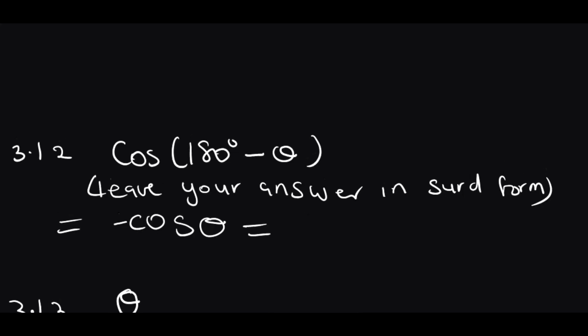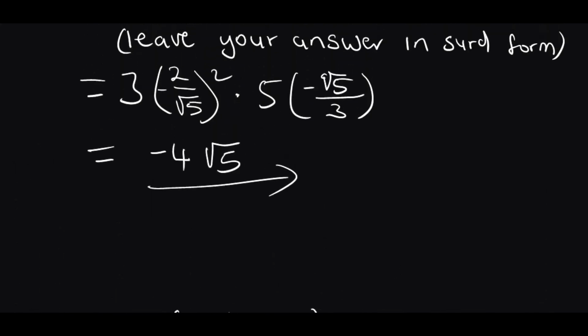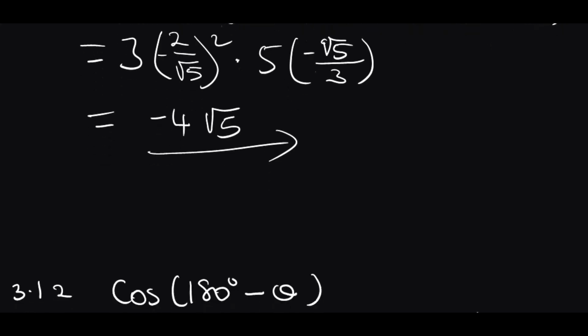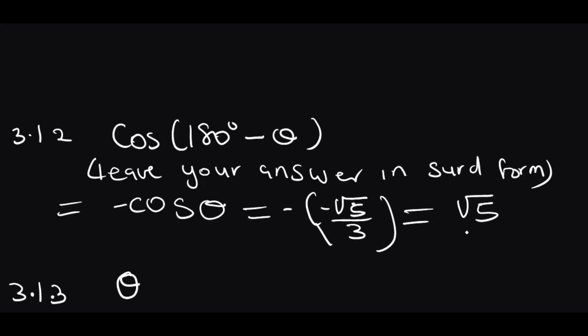Cos is negative root 5 over 3. Then here we have negative into negative square root of 5 over 3. Therefore, the final answer is square root of 5 over 3, since negative and negative multiply each other and give us positive.